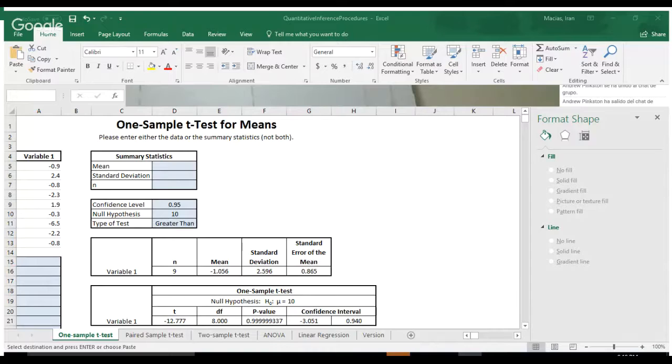What is the value of the test statistic? So we go 2.2 over 3.3 over the square root of 9. Yeah, it's the same formula, right?